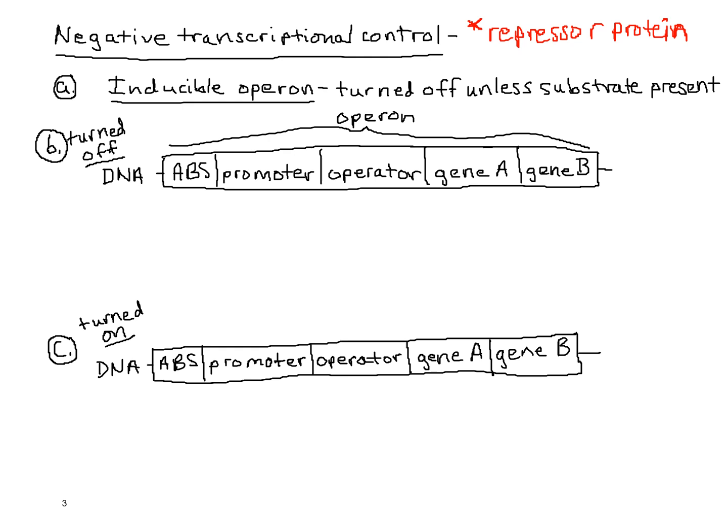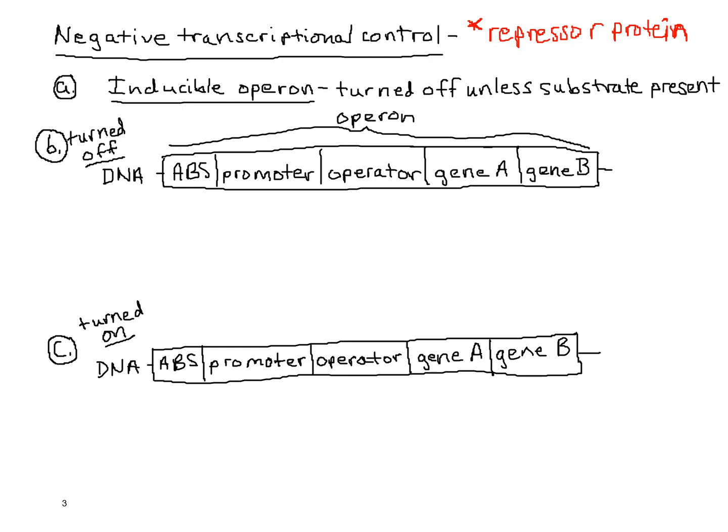So the first question I'll ask you is just to define what an inducible operon is. What I'm looking for in the definition of inducible operon is just that it's turned off unless the substrate's present. So that's all you have to write for the definition of inducible operon. So turned off unless the substrate's present.